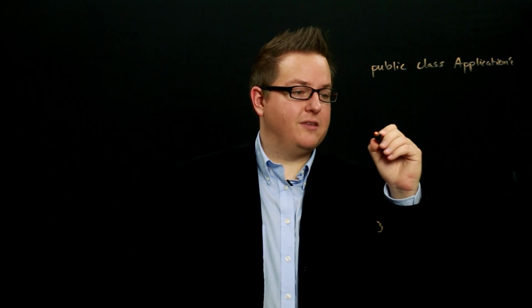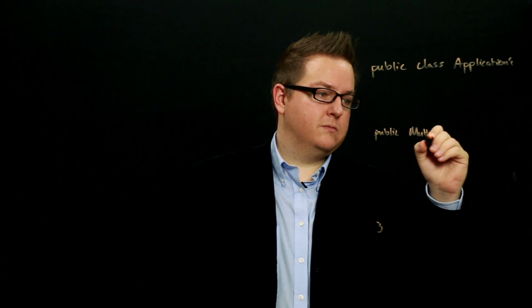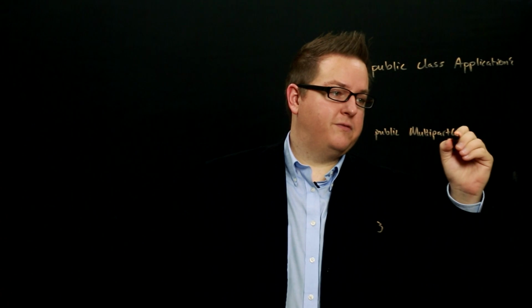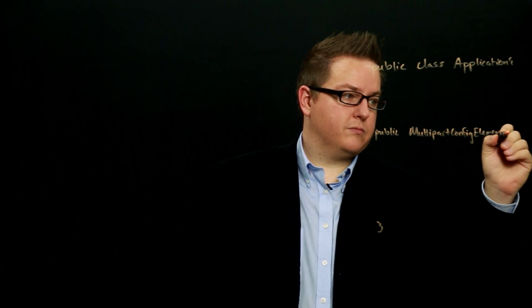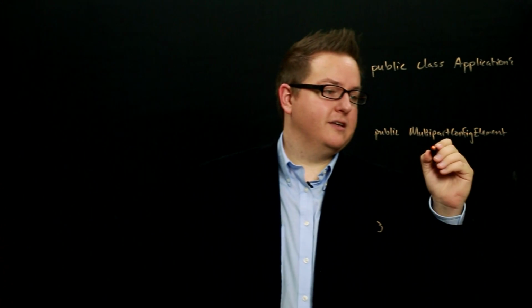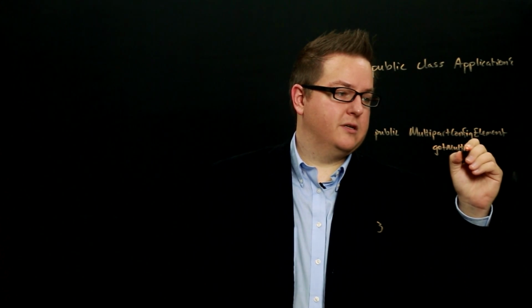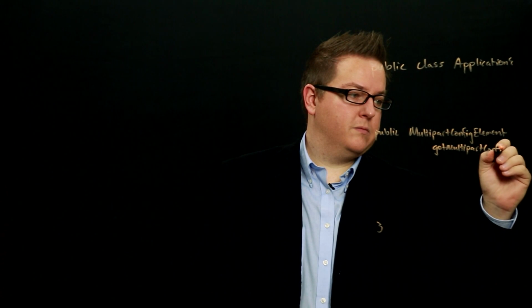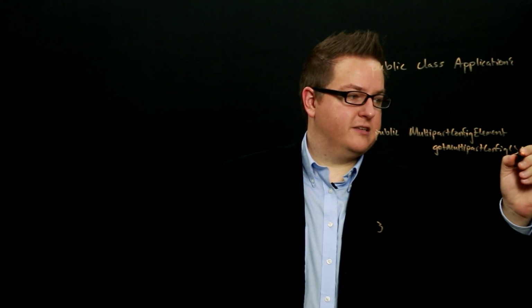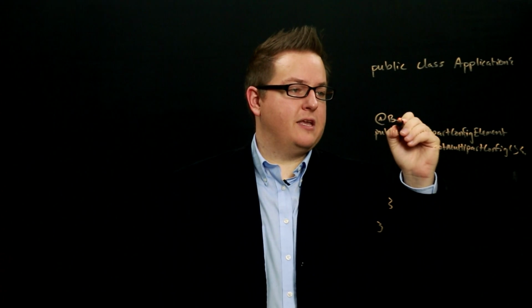You need to add a method that returns a MultipartConfigElement. And we'll just call this method getMultipartConfig. It's going to take no arguments, and it's going to be annotated with @Bean.